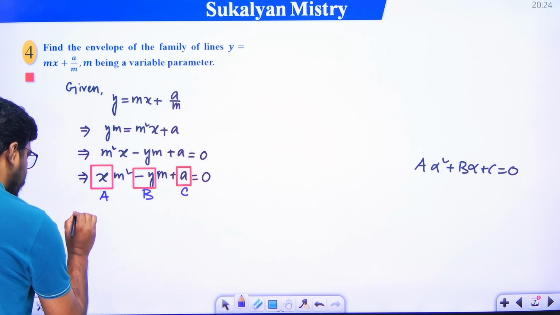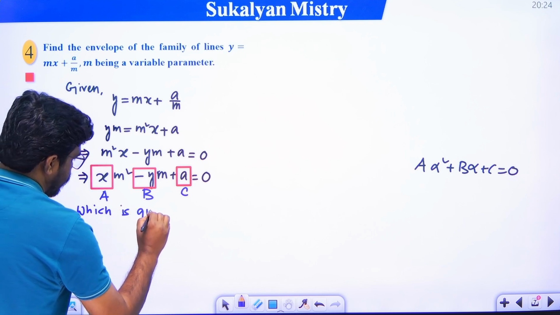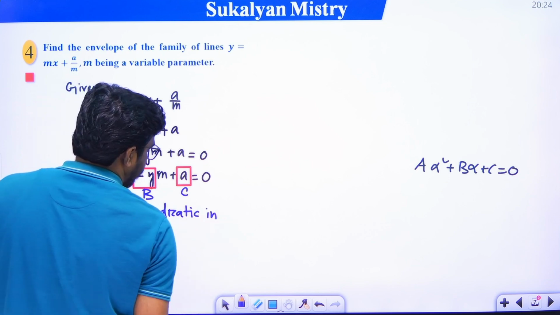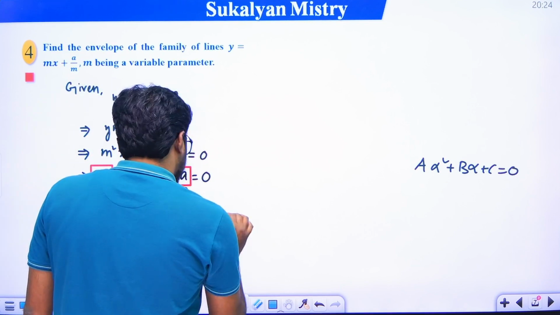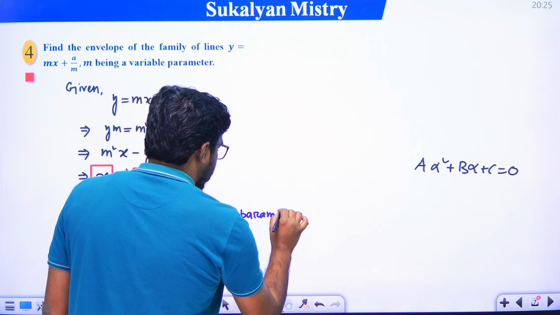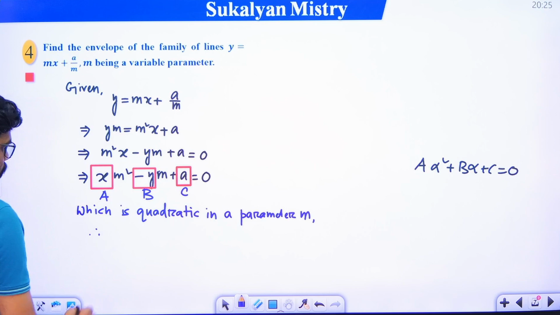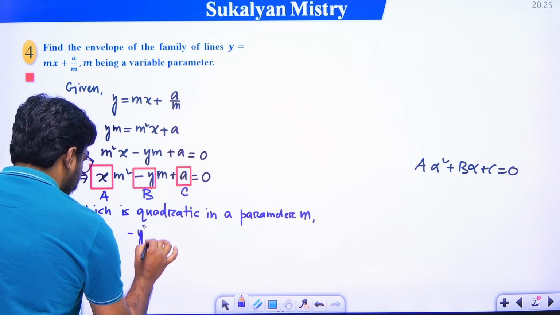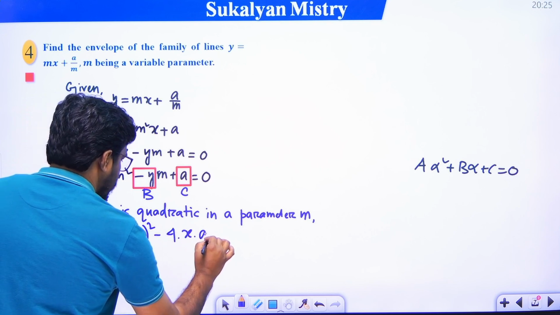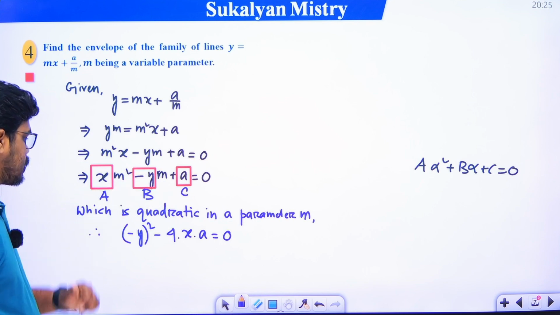So which is quadratic in the parameter m. So therefore the required envelope, that is b square minus 4ac, where a is x, c is a, b square minus 4ac is equal to 0.